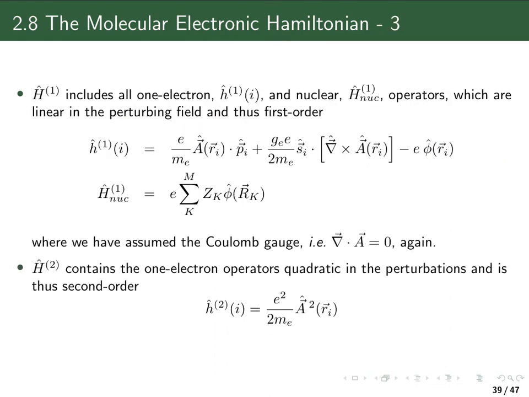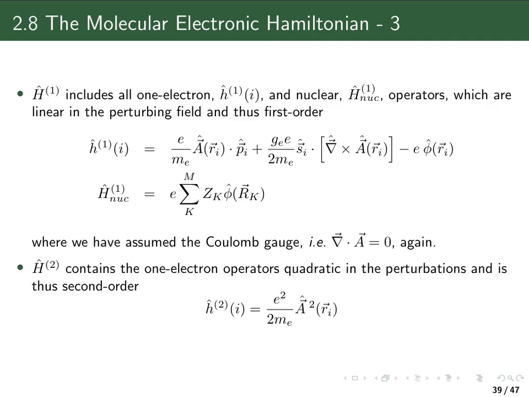Correspondingly, the first order Hamiltonian includes electronic terms, and here we have the scalar product of the vector potential and the canonical or generalized momentum of the electrons, where, in order to arrive only at this term, we have used the Coulomb gauge as shown two lectures before. Then we have the electronic Zeeman term here, and finally we have the electronic charges multiplied with the scalar potential.